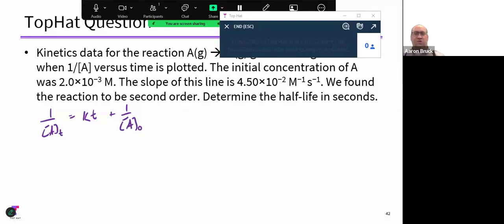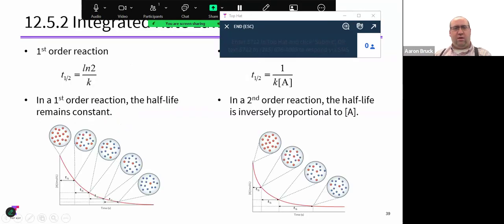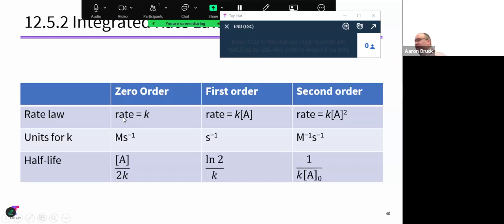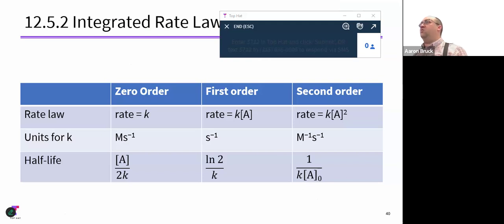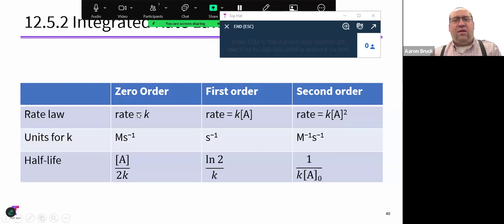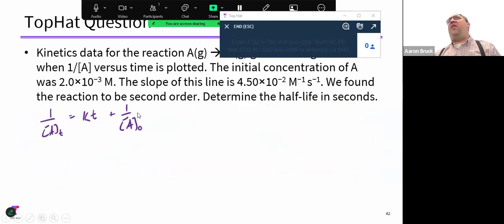Now, you could scroll back to this slide and say, okay, the equation tells me that the half-life of this reaction is equal to 1 over K times the initial concentration. You could do that. But let's say that you forgot that that existed. You don't need to worry about it.